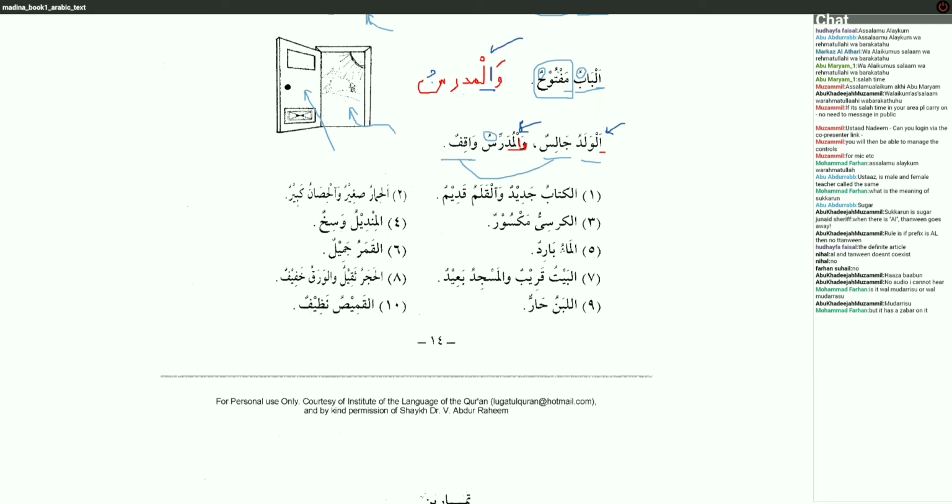There's a sukoon on the lam. In that case, you don't read the alif. Never, please, ever say wa al-mudarrisu. Never. You must say wal-mudarrisu. Okay, everybody? Wal-mudarrisu waqifun.